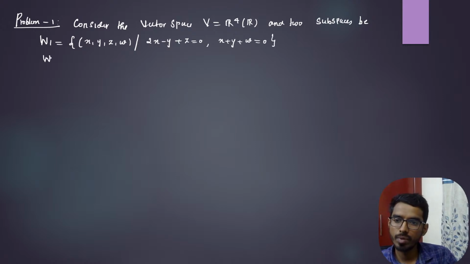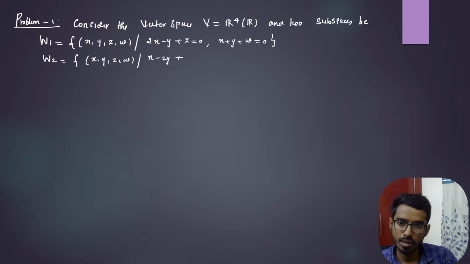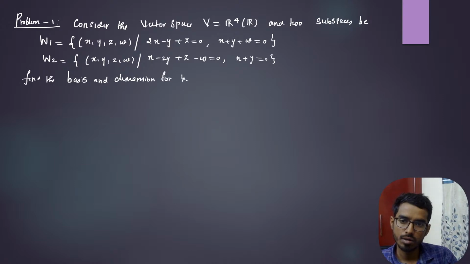And I have W2 to be equal to all those x, y, z, w such that x minus 2y plus z minus w is equal to 0, comma x plus y is equal to 0. Find the basis and dimension for W1, W2, W1 intersection W2, W1 plus W2.